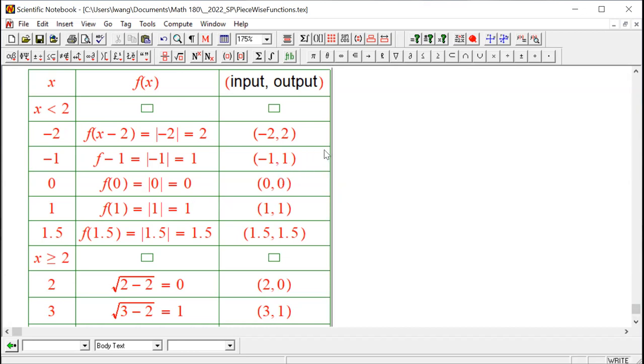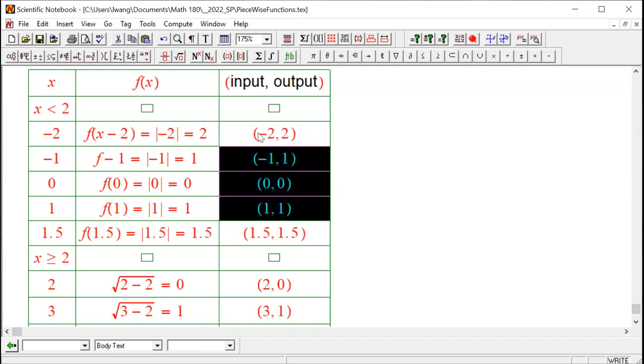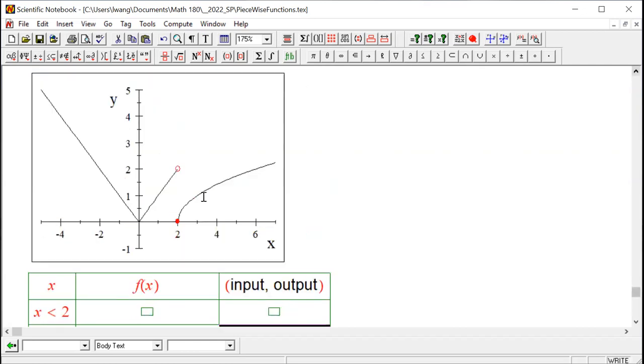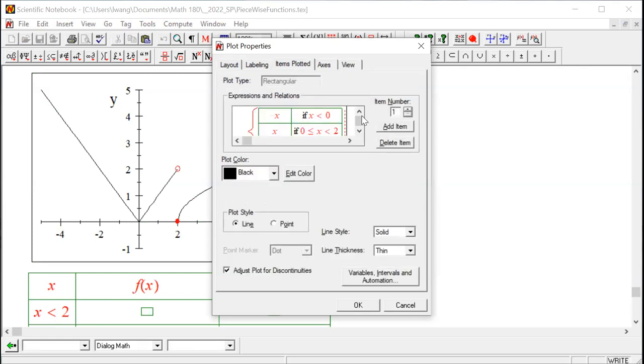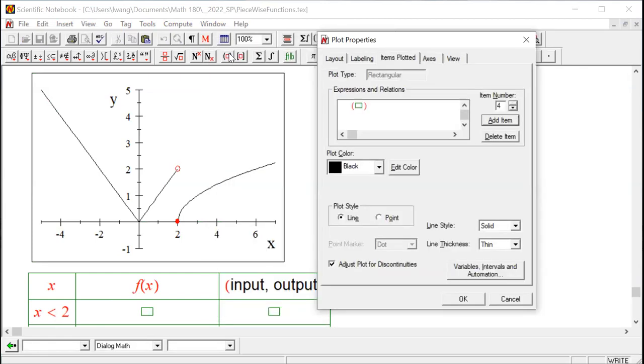I'm going to put a couple points in place for the picture, so we reflect on the process of graphing it. So -2, 2, red dot. -1, 1, red dot, and 0, 0, red dot.